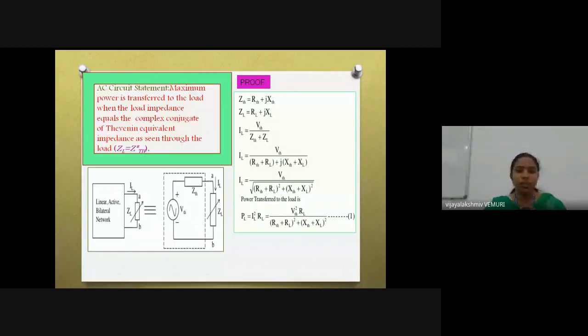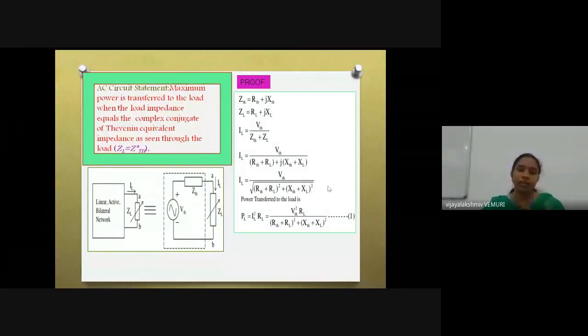So we are going to prove that maximum power will be transferred from source to the load when the load impedance is equal to the complex conjugate of the Thevenin equivalent impedance. That is what we are going to prove.